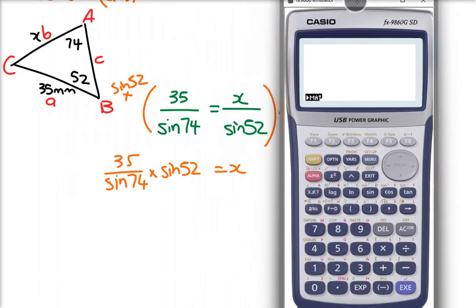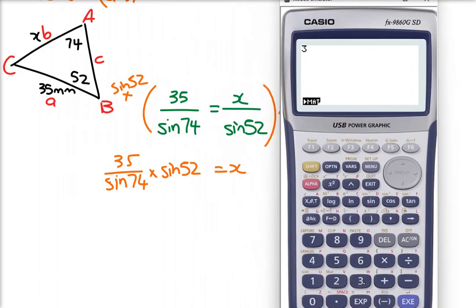We're trying to go 35 divided by sine 74 times sine 52. That's not going to give me any. 28.7? Oh, I did it.